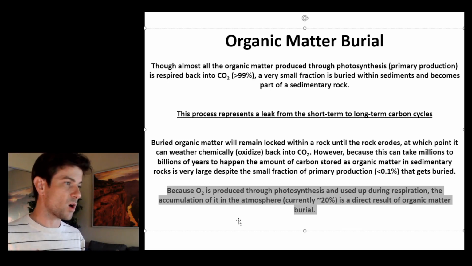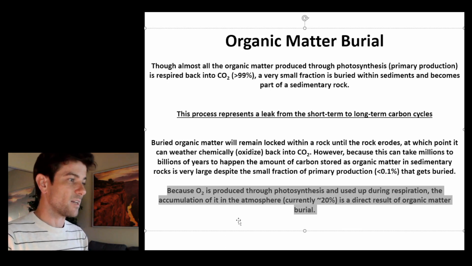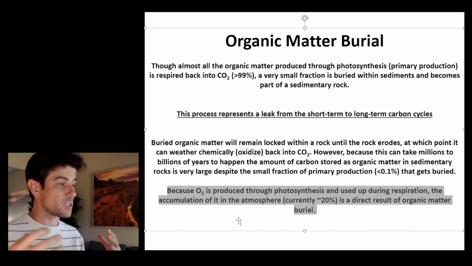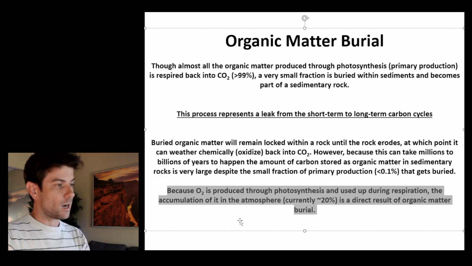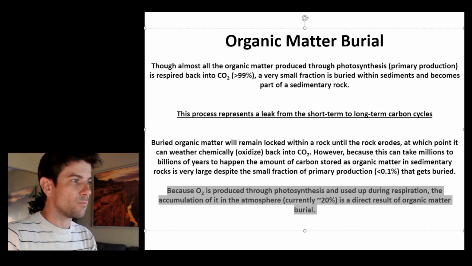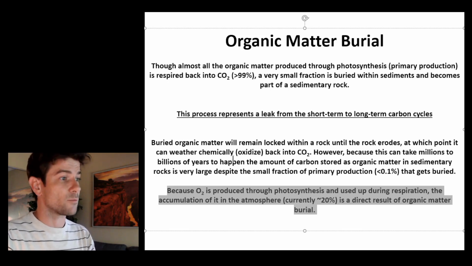And because there are processes, mainly introduction of reduced compounds through volcanism, that actually take oxygen out of the atmosphere, compounds will react with oxygen and take it out. Oxygen wouldn't be nearly as high as it is in the atmosphere today, which is really important for most animal life. Okay.